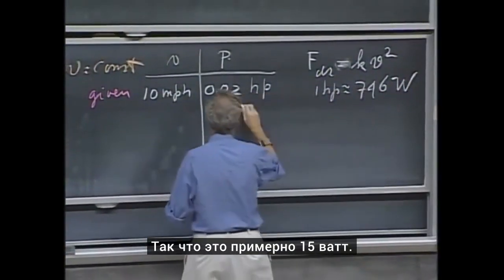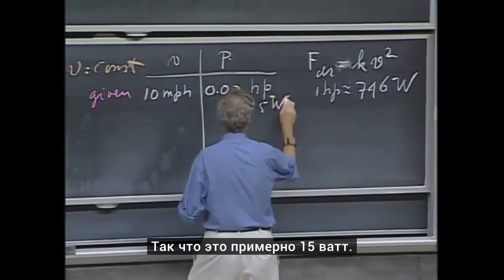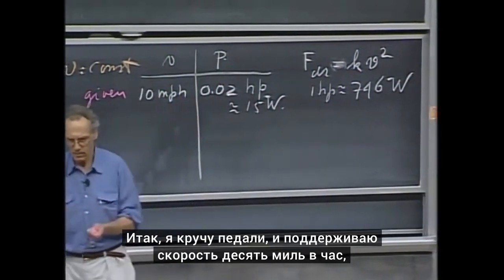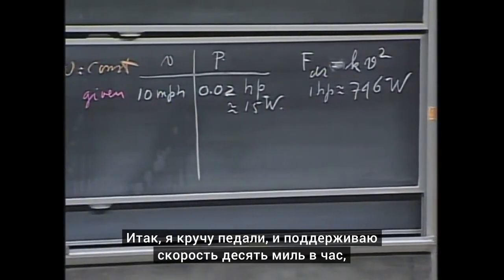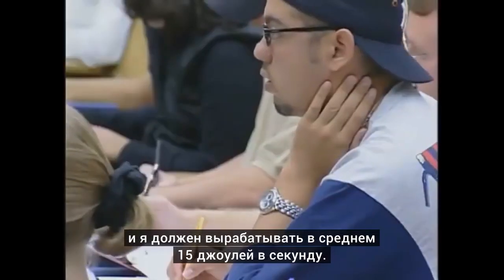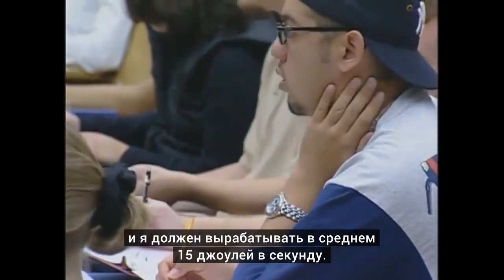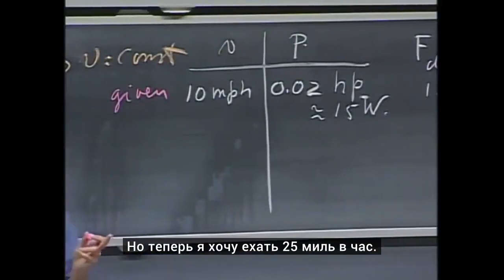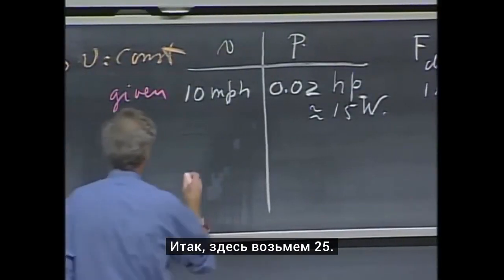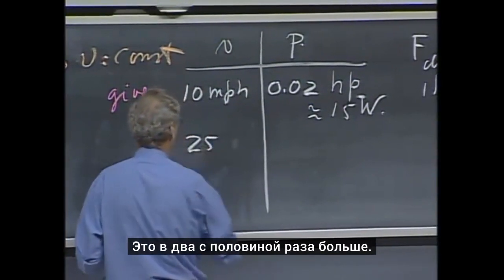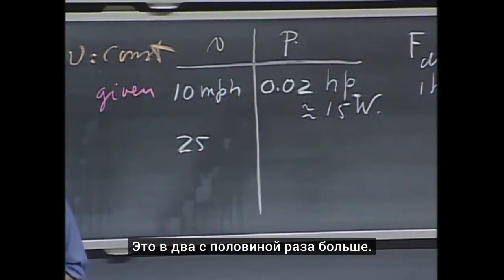So this is about 15 watts. So I'm pedaling, and I keep my speed at 10 miles per hour, and I have to generate 15 joules per second on average. But now I want to go to 25 miles per hour. That is 2.5 times higher.